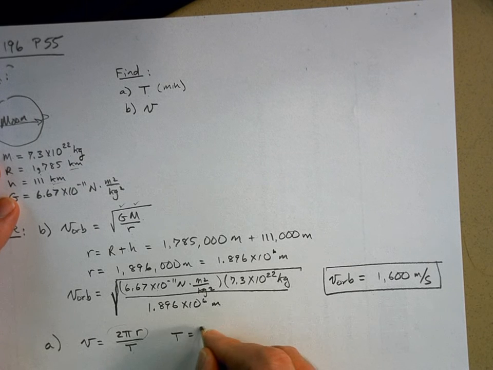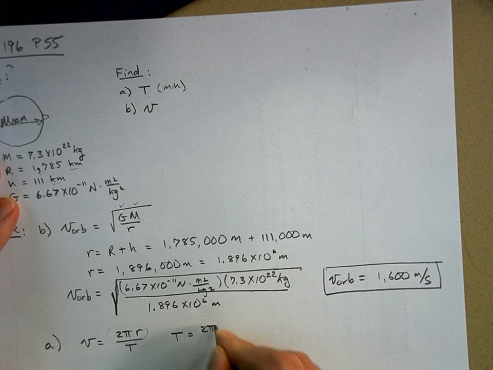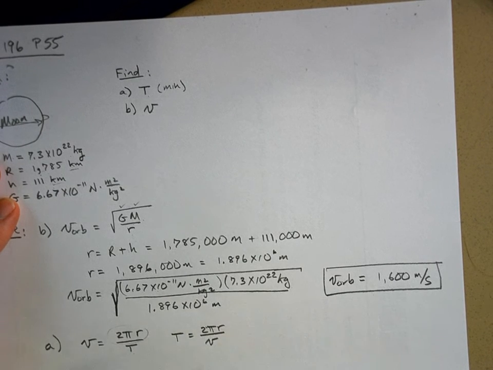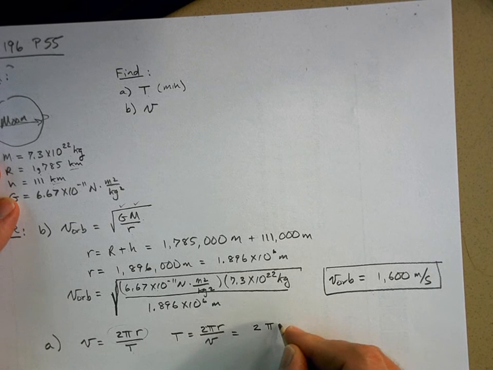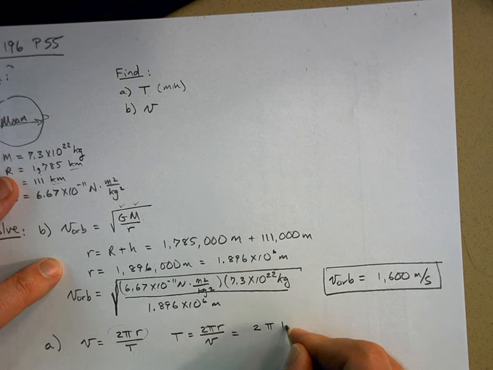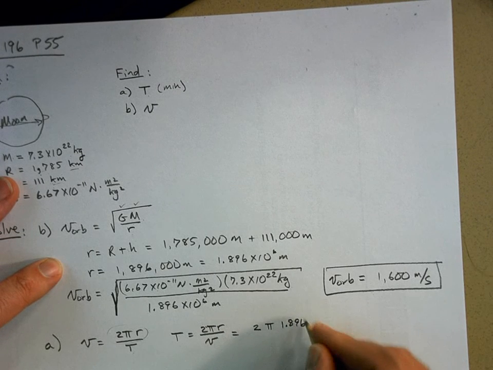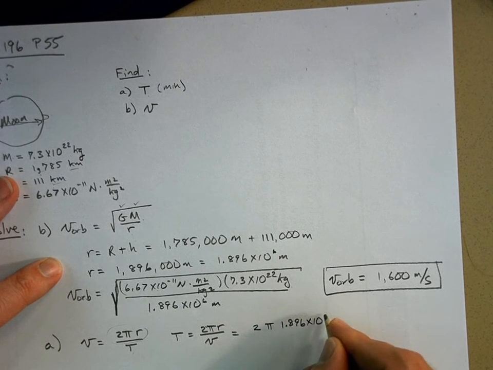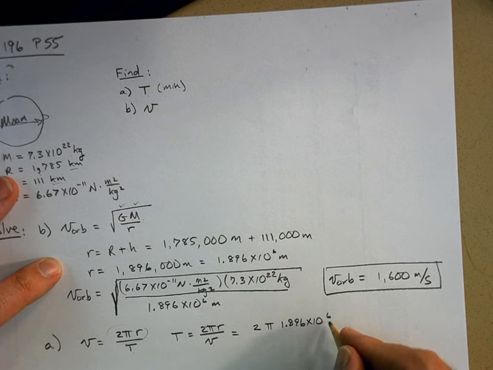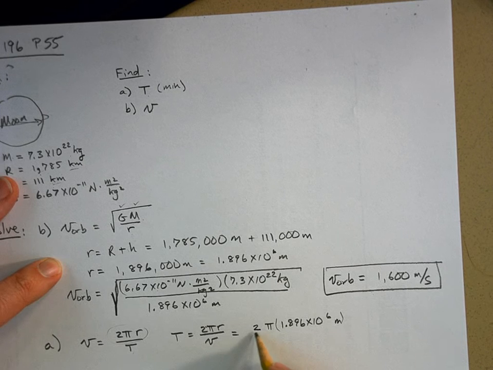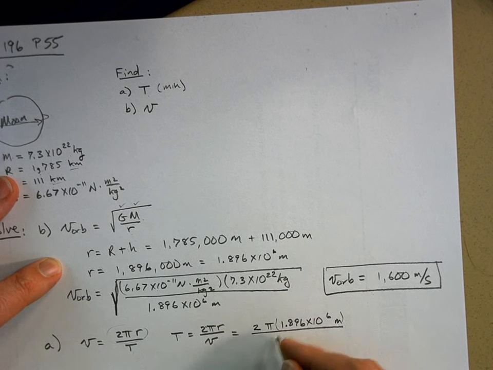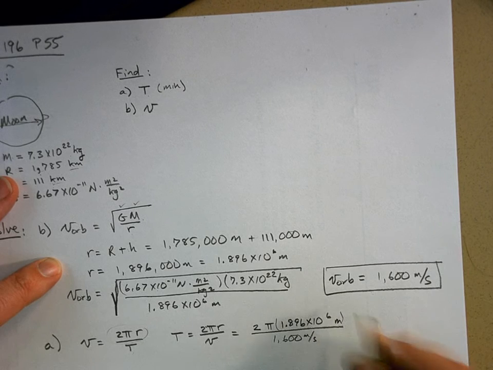So the period is equal to 2 pi r over the velocity. So that's 2 times pi, and then r we figured out to be 1.896 times 10 to the 6 meters. And we figured this out to be 1,600 meters per second.